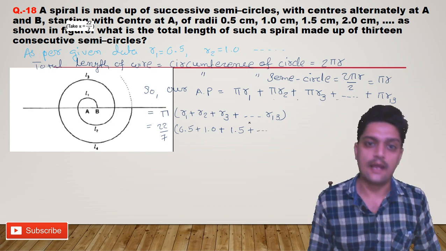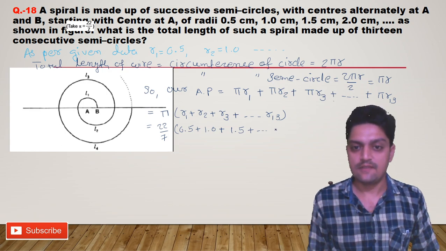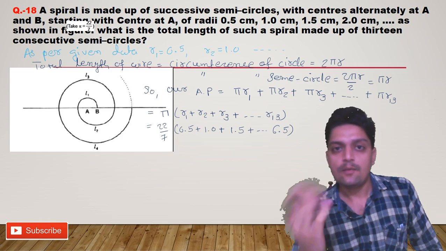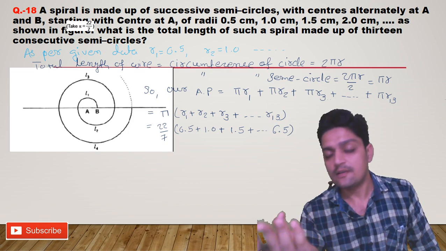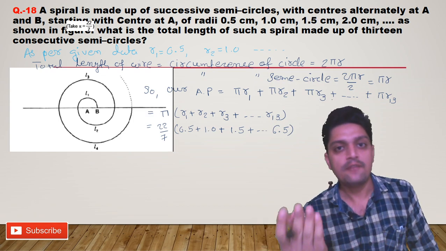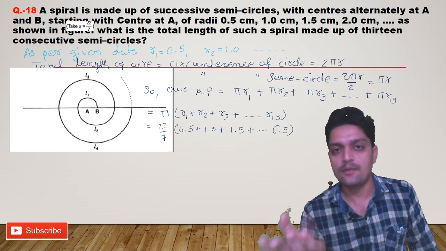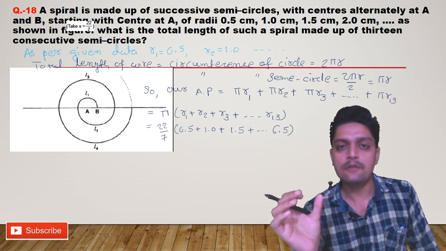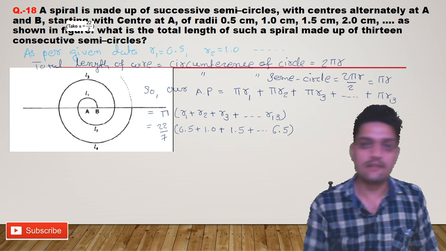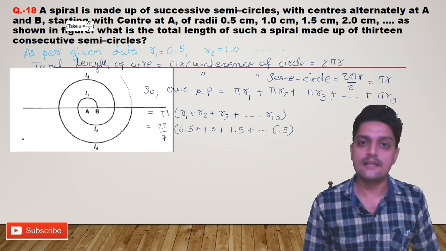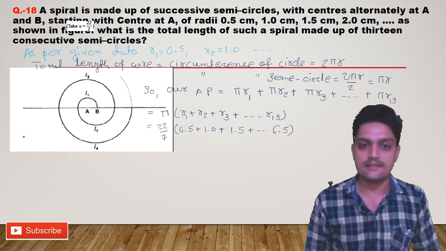First we have to write the 13th term, which will be 6.5. How does this 6.5 come? The difference is 0.5, and the total number of terms is 13. So 13 divided by 2 is 6.5, because the difference is 0.5. Otherwise, to get full marks in the exam you should write how this 6.5 comes.